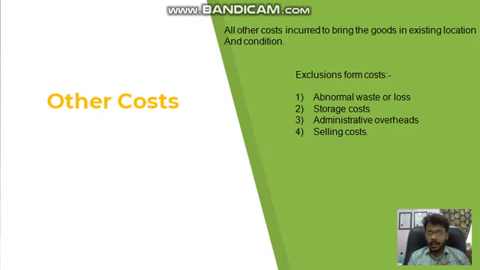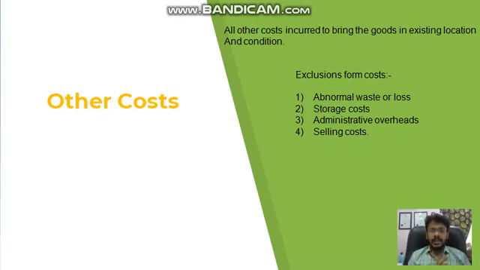You are well aware your cold drinks cannot be sold loose. You need to store them, you need to keep them in a specific product. So manufacturing and other expenses incurred for that product will also be a part of your cost of production.